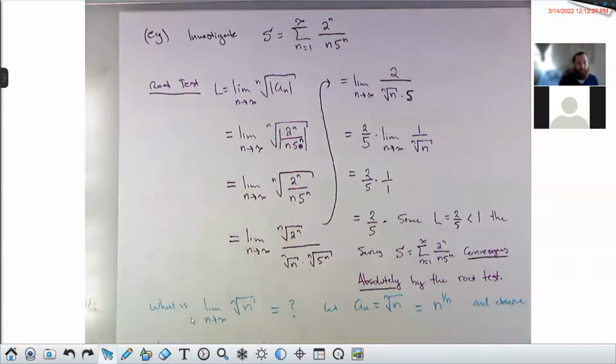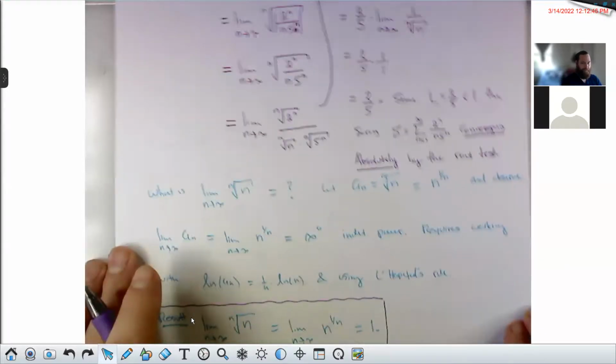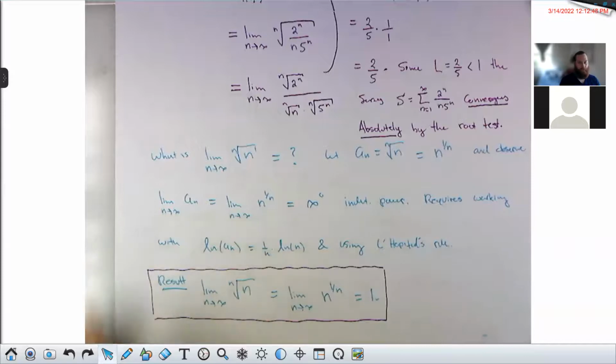Okay. So again, special limit here, something you want to tuck in your little memory box or make a flashcard for.